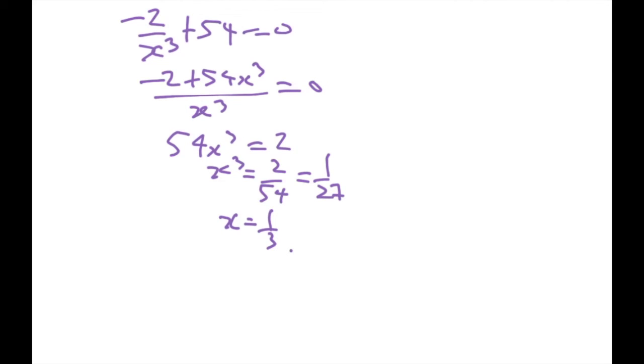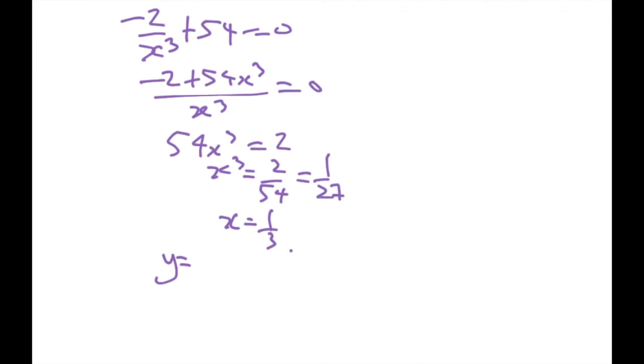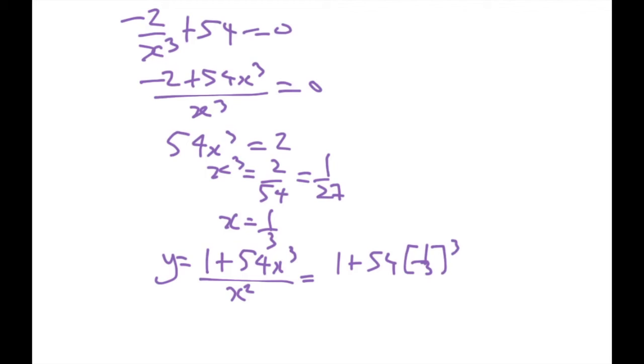When x equals 1 over 3, y equals 1 plus 54 times (1 over 3) cubed, over (1 over 3) squared. That's 1 over 3 cubed, which is 1 over 27. 54 times 1 over 27 is 2.